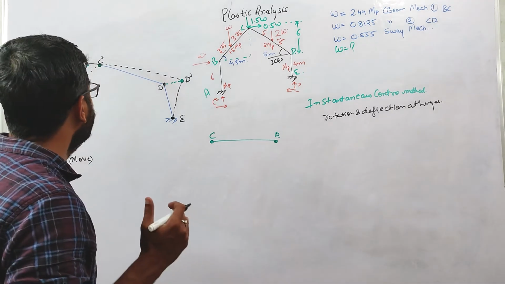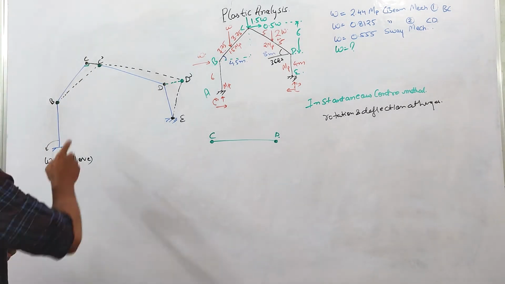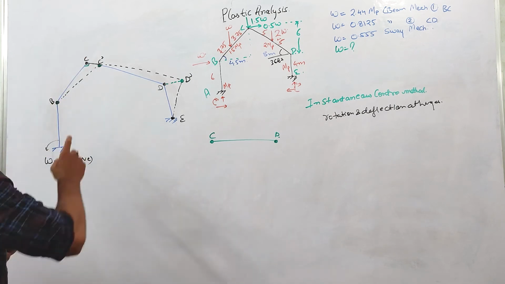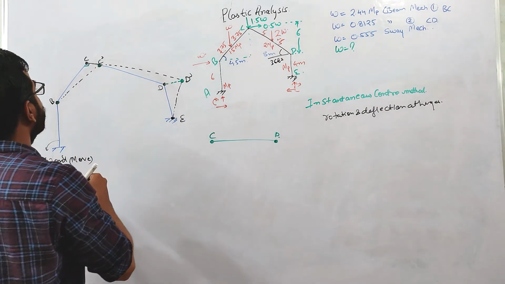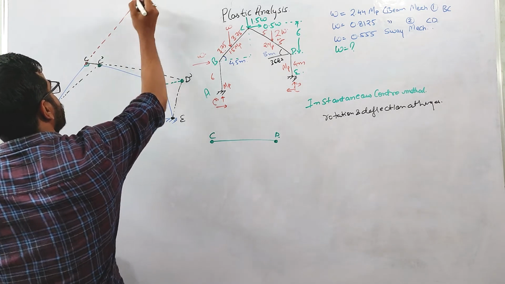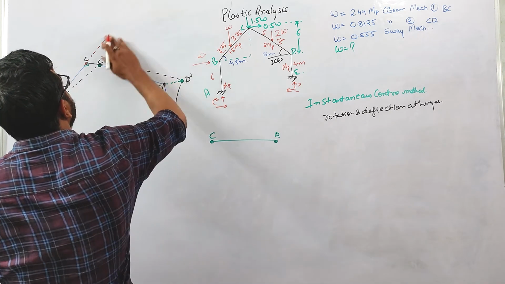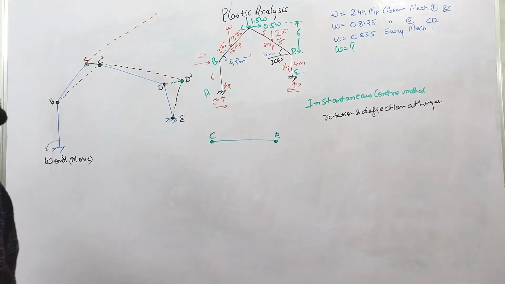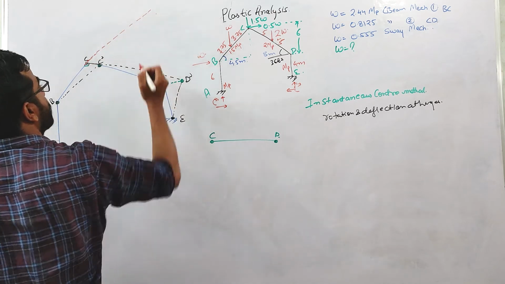So now we will be locating that instantaneous center. This joint is moving perpendicular to this. So if this member is rotating about some point, the center of rotation will lie along this axis, this straight line.